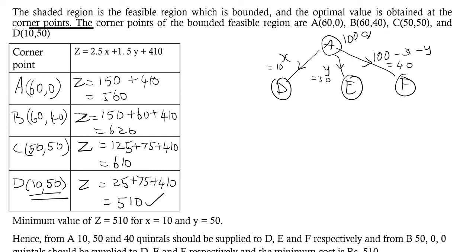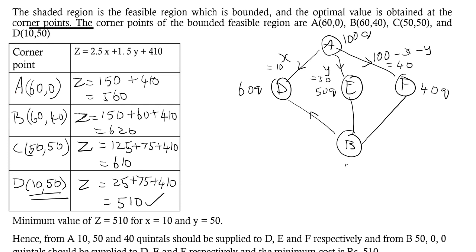Next, from B, if you remember the diagram, the requirement for D was 60 quintals, for E it was 50 and for F it was 40 quintals.